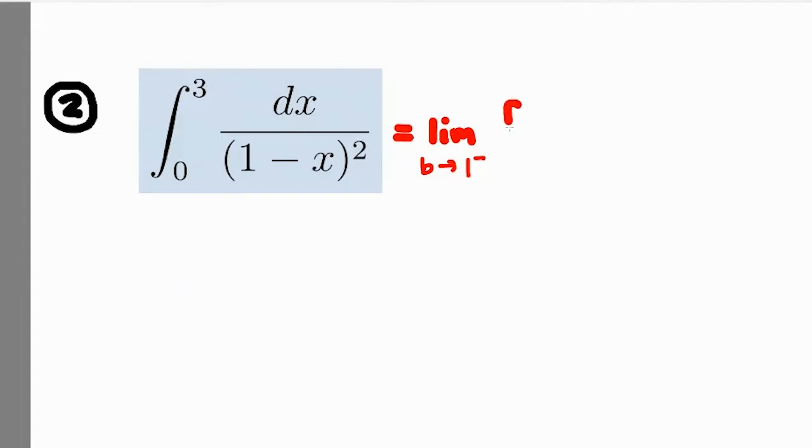And then we're going to do the integral from 0 to b of x over (1 minus x) squared, okay? So that's 0 to 1.